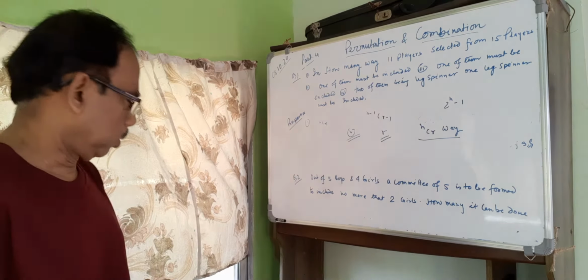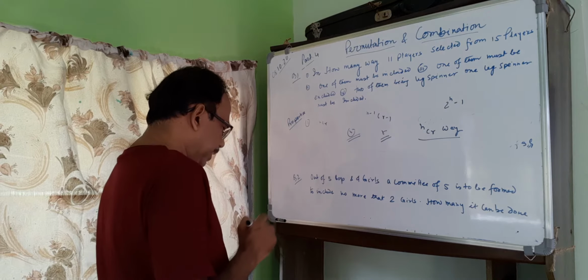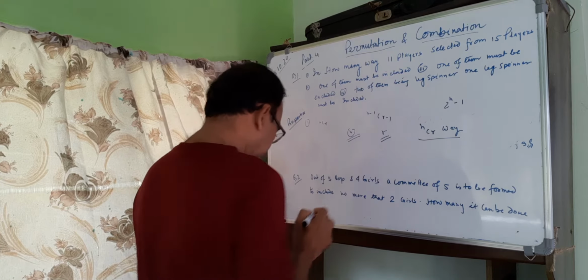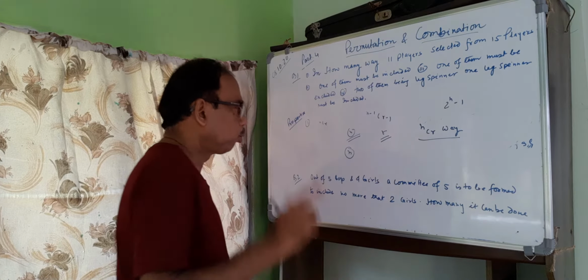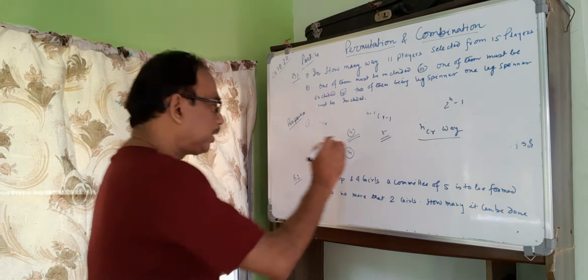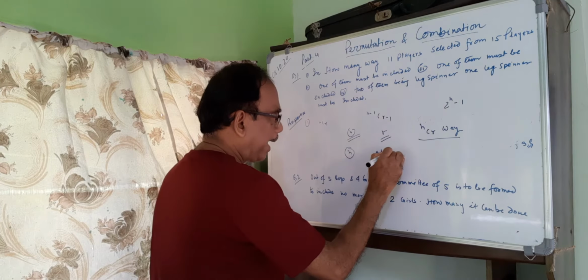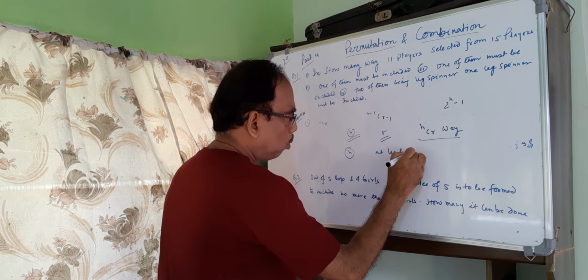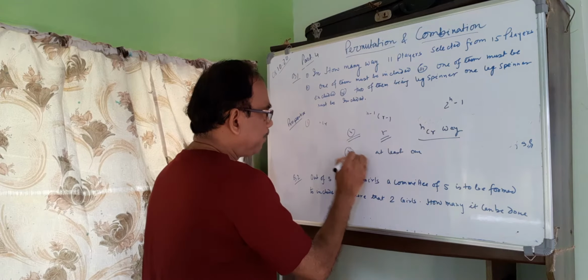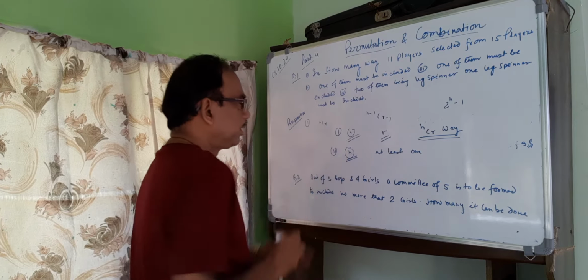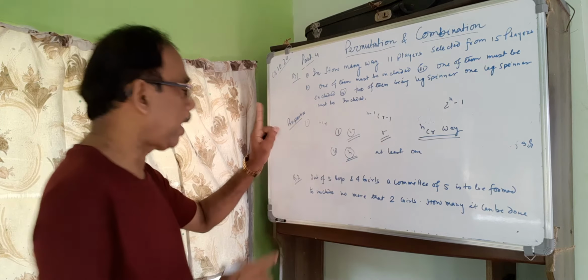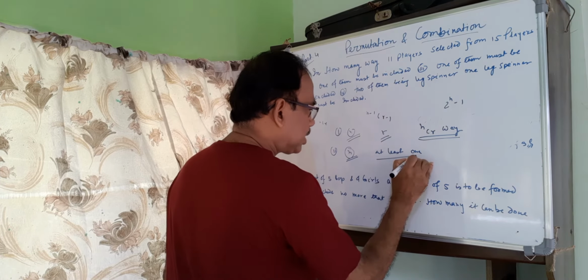Suppose you have to select from n different things. At least one can be chosen. There are n different things. We can select at least one from n. Number 1 is nCr way. Number 2, there are n different things. We have to choose or select at least one.